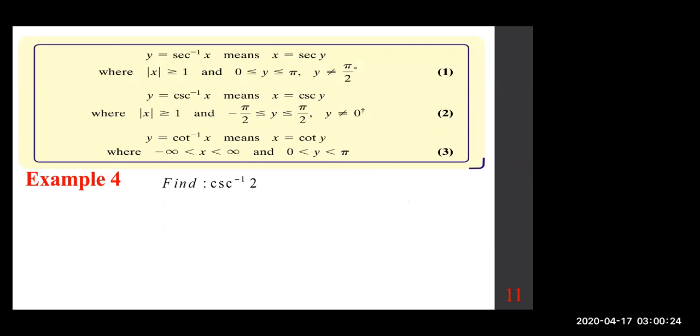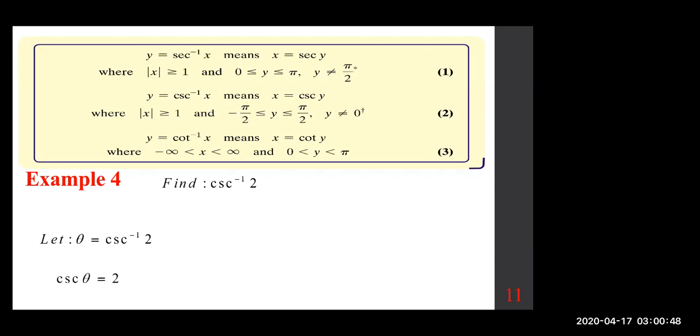So at the top, we have the synopsis of what we just discussed: secant, cosecant, and cotangent inverse. So for example, what is cosecant inverse of 2? I have no idea what the answer is, so I'm going to call it alpha, beta, gamma, theta, you name it. And so by definition, cosecant theta must be 2.